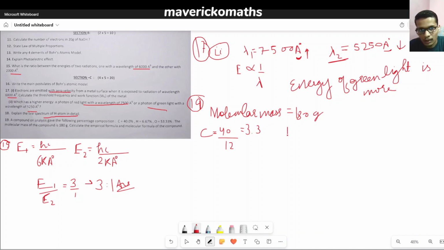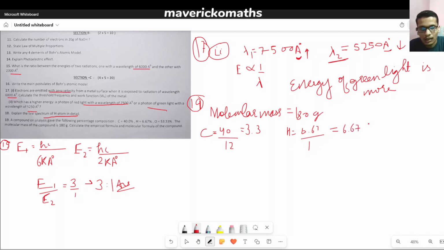Then comes the hydrogen atom, that is 6.67. Mass of H, what do we take here? 2 or 1? We will take 1 here. So it will be 6.67, same.